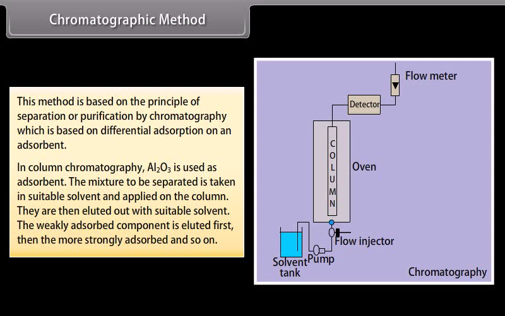They are then eluted out with a suitable solvent. The weakly absorbed component is eluted first, then the more strongly absorbed, and so on. This method is suitable for such elements which are available only in minute quantities and the impurities are not very much different in their chemical behavior from the element to be purified.